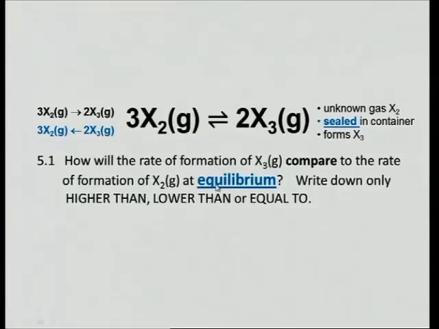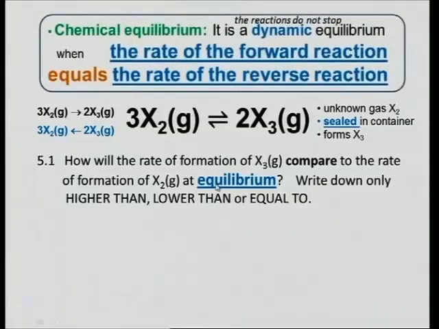Now watch this. From the exam guideline, I got this. Chemical equilibrium. It is a dynamic equilibrium when the rate of the forward reaction equals the rate of the reverse reaction. How will the rate of X3, where's X3? There.